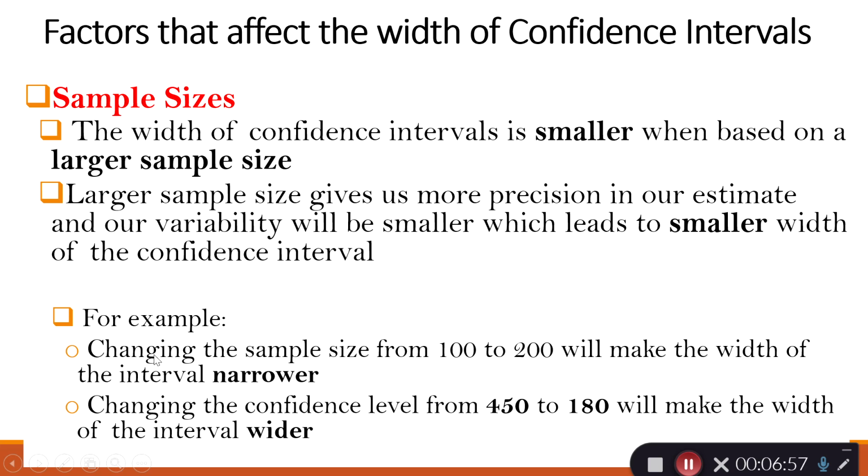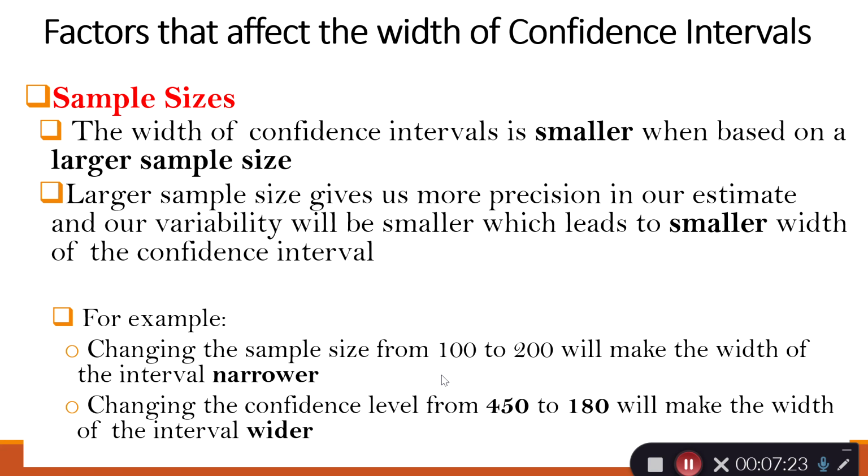So this is just saying changing the sample size from 100 to 200 will make the width of the confidence interval narrower. So if your sample size goes up, you have less variability. Of course, the confidence interval will be narrower.